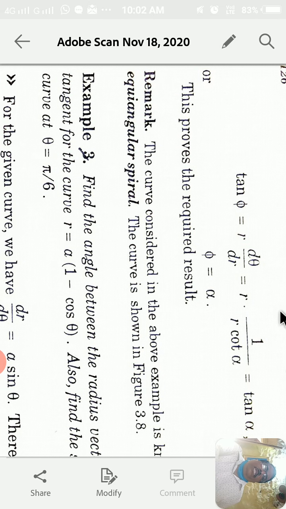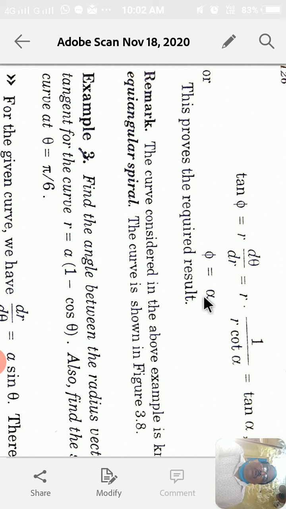It gives 1 divided by r cot alpha. R gets cancelled, and 1 by cot alpha is tan alpha. So tan phi is equal to tan alpha, so phi is equal to alpha, because alpha is a constant. Therefore the angle between the radius vector and the tangent is constant.